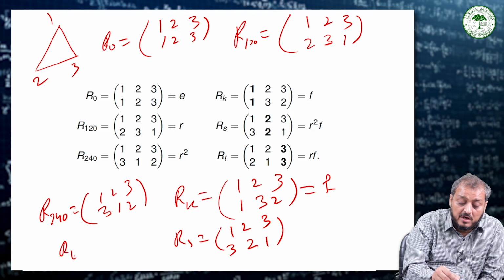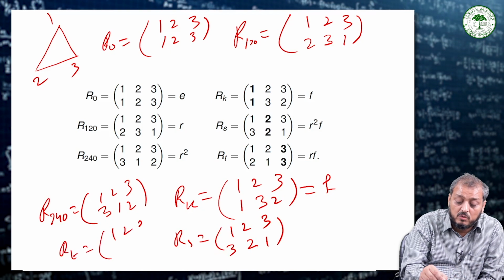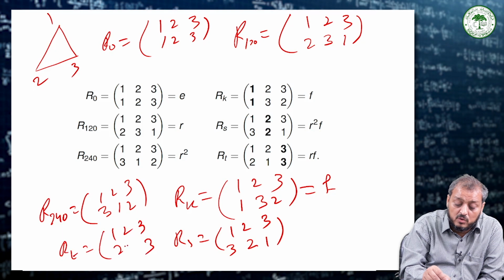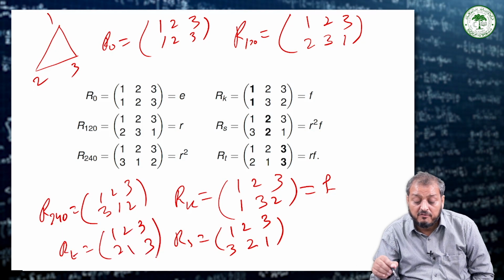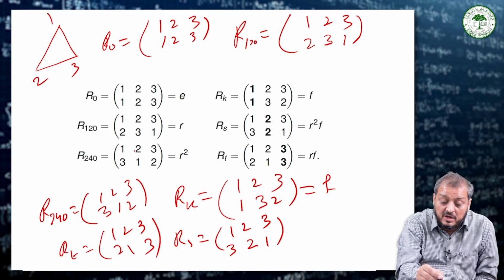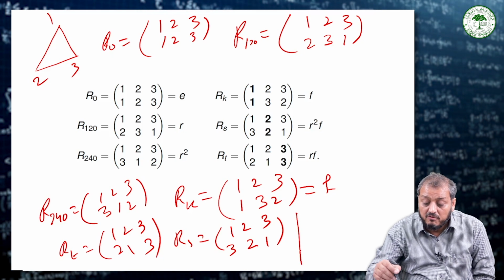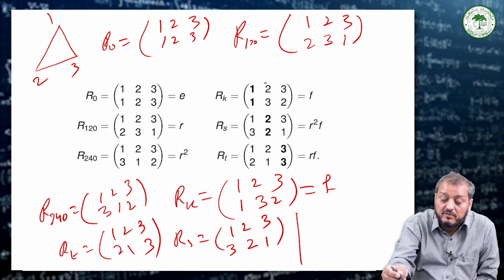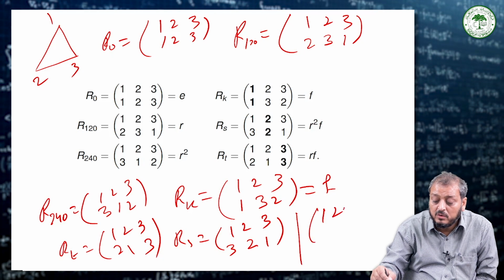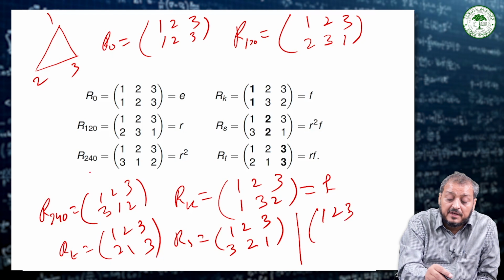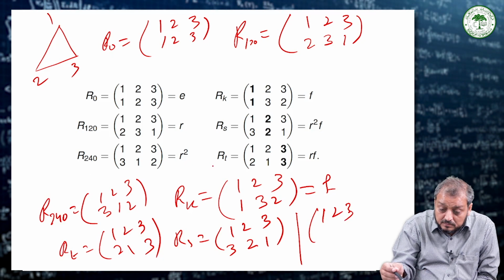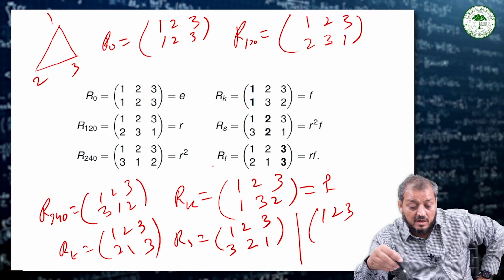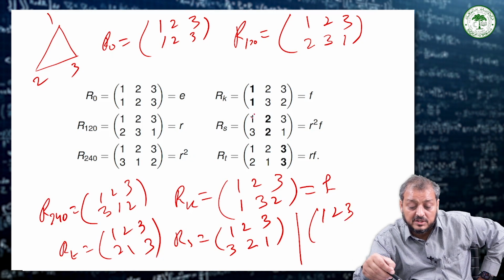Then RT is 1 2 3 fixing 3, with 2 and 1 swapped. Now we also say that this is R square F. So let's check R square composed with F, giving this result.